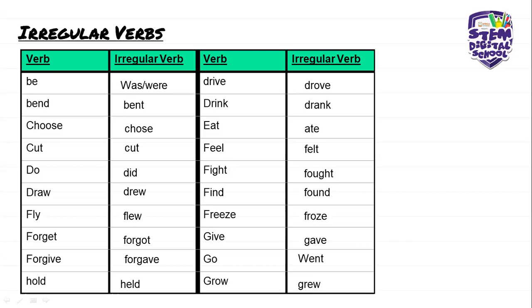So irregular verbs is basically the past tense of a verb, but it's when the verb changes. It's not when I just put an ed at the back of a verb. Irregular verbs is when the verb completely changes, like bend goes to bent, not bended or cutted or drawed. Okay. Any other questions regarding the irregular verb?